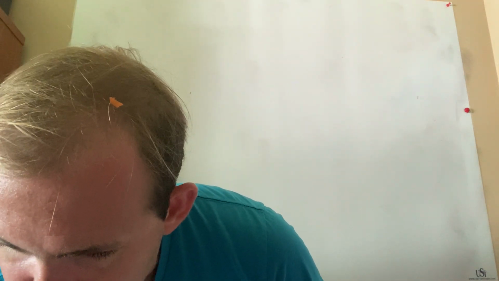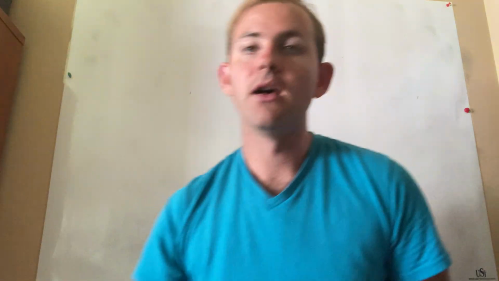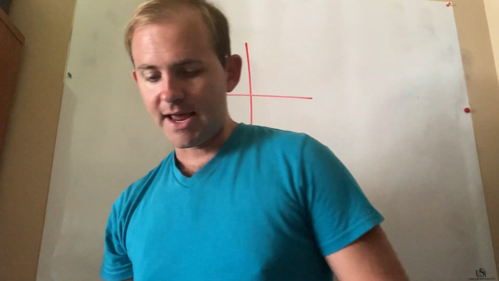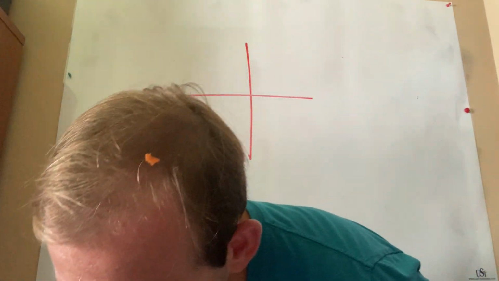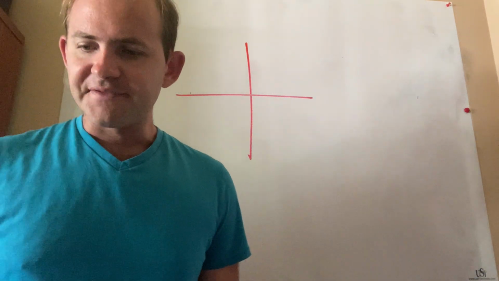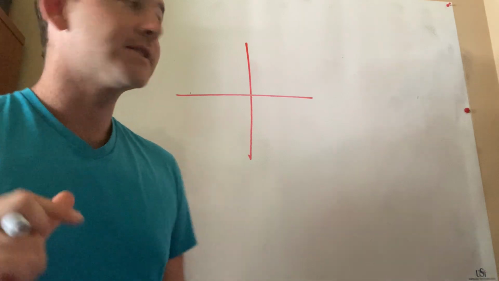Okay, so first things first, let's take a look at examples 1 and 2 on this page. In each of these cases we're starting off with a black circle.